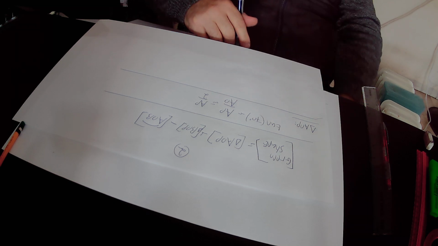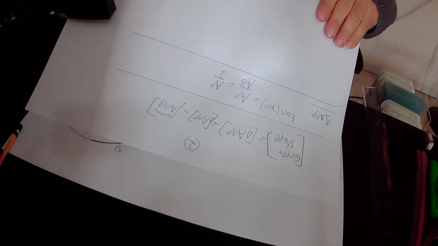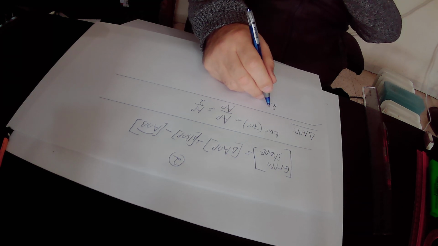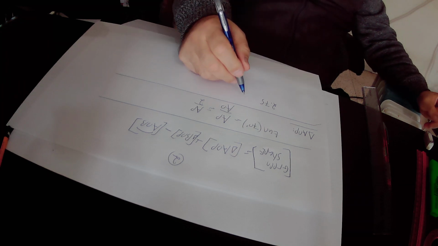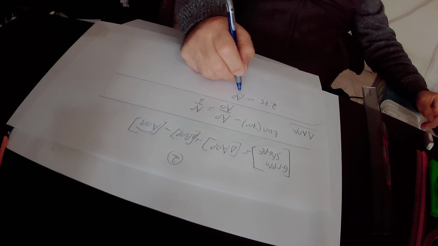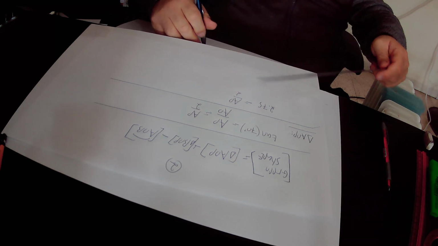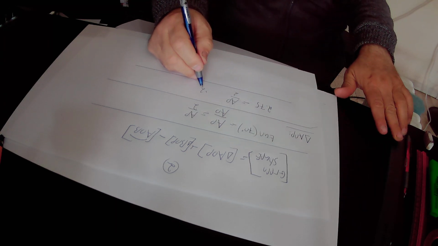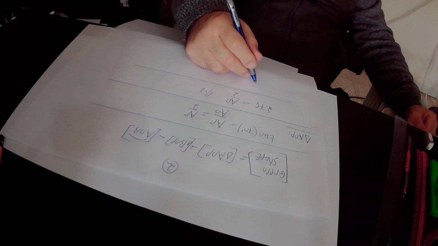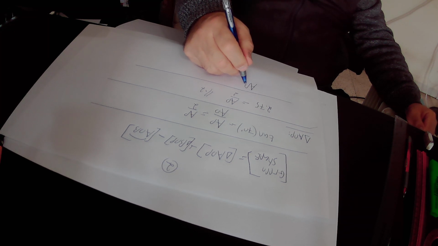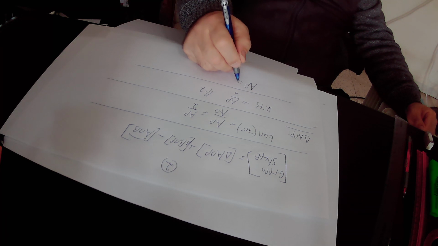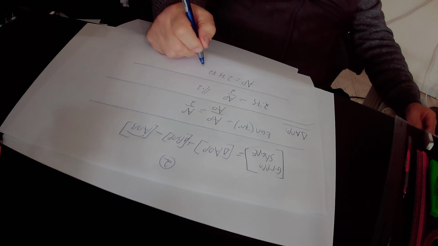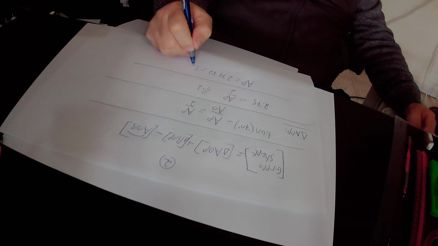Tangent 70 degrees is 2.75, and it equals AP over 2. Here we multiply this equation by 2, and finally we get that the length of side AP of the right triangle AOP equals 2.75 times 2, which is 5.5.